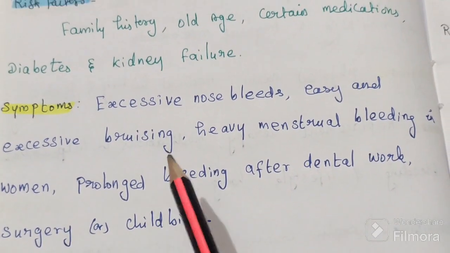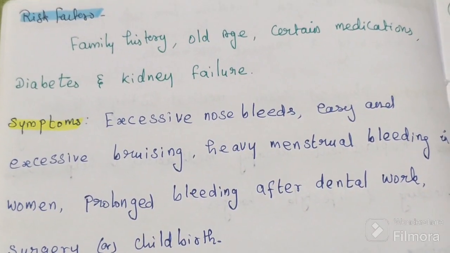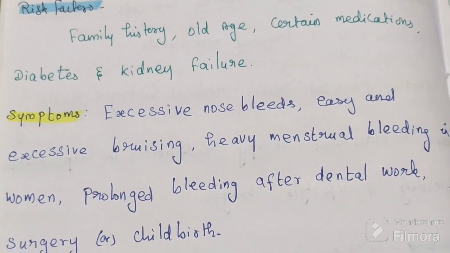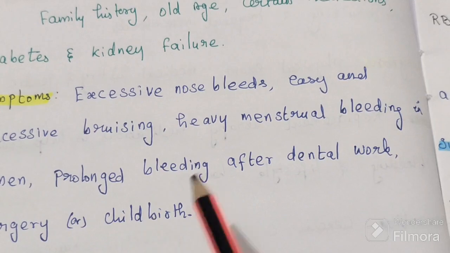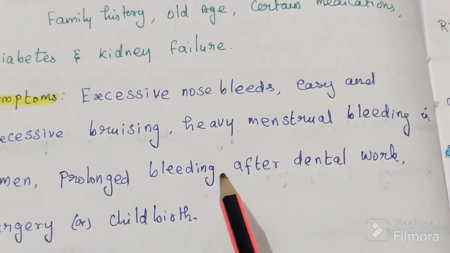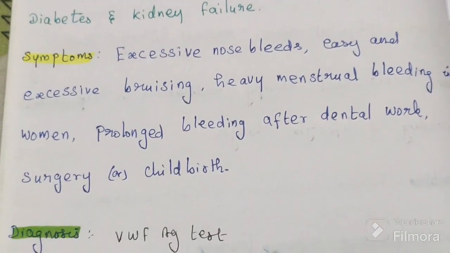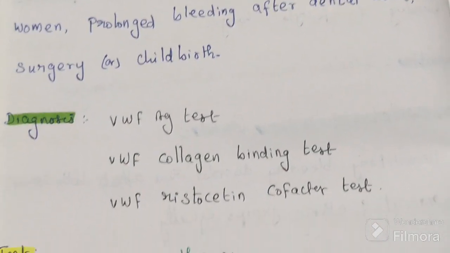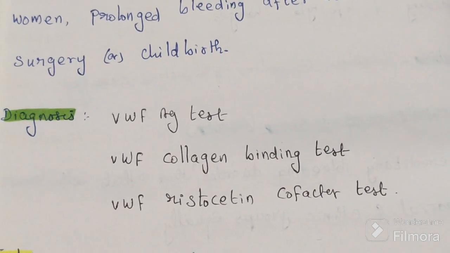So these are the symptoms: excessive nosebleeds, easy and excessive bruising, heavy menstrual bleeding, prolonged bleeding after dental work, surgery and childbirth.